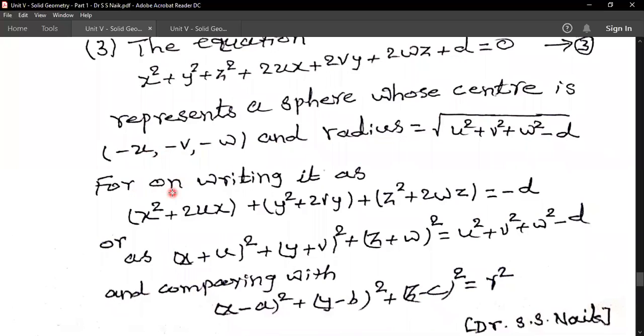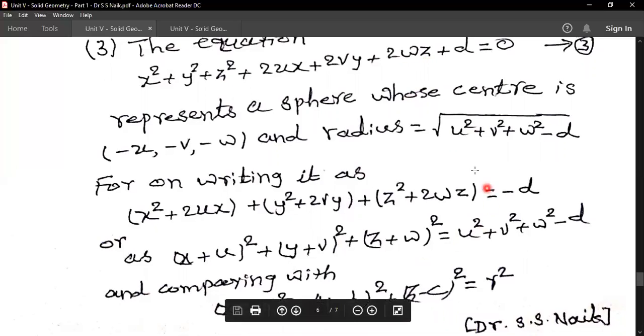The equation can be written as x square plus 2ux, y square plus 2vy, and z square plus 2wz combined, and this d is taken on the right hand side, that becomes equal to minus d.